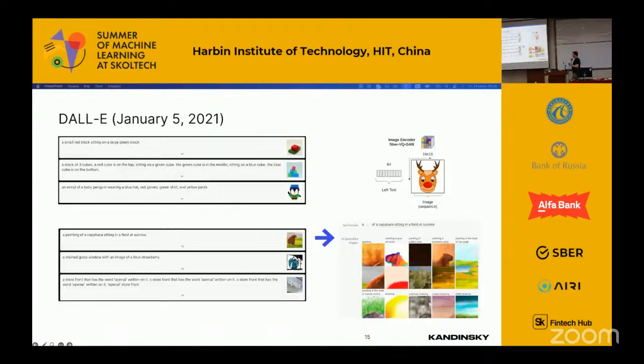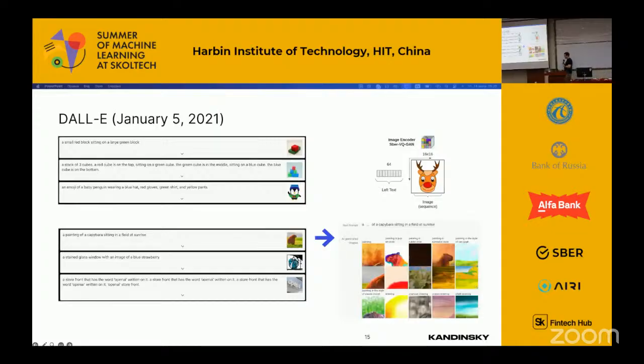So the state of the art of 2021 was a capybara sitting in a field at sunrise, and the state of the art of image and video after 4 years, so 2025, is quite different.